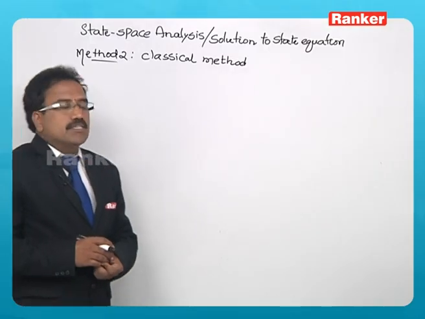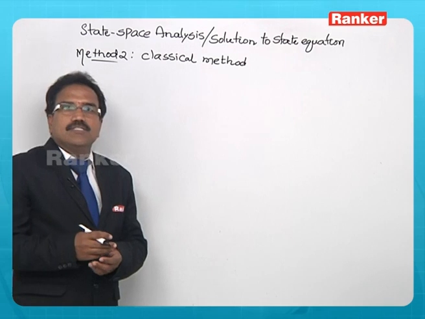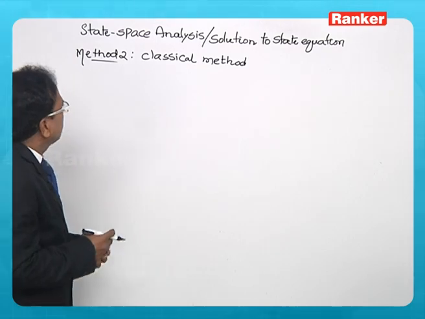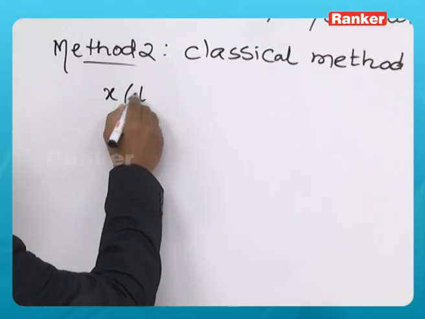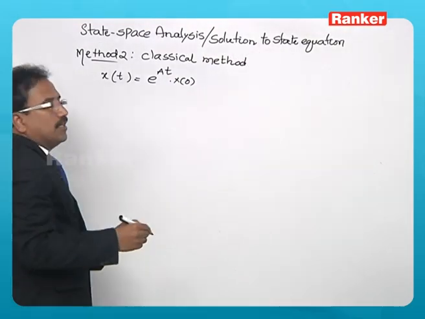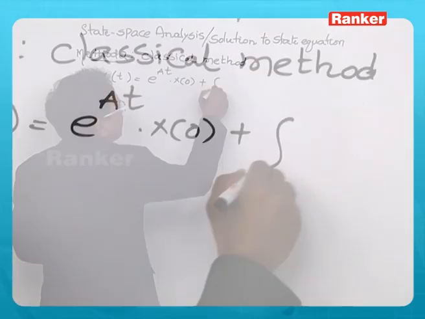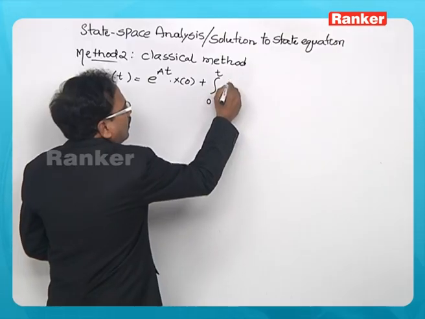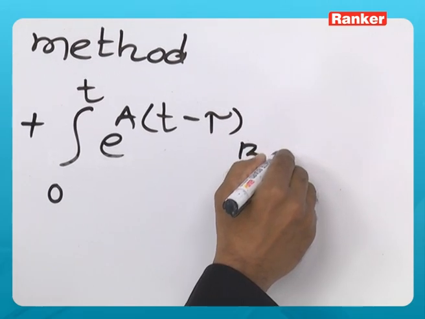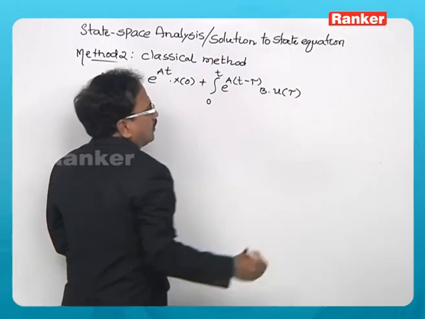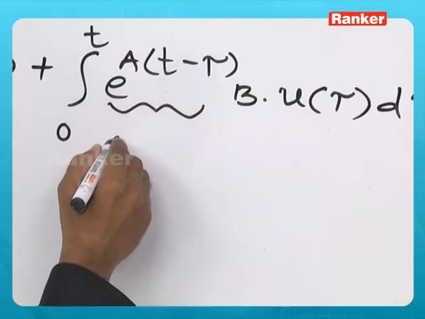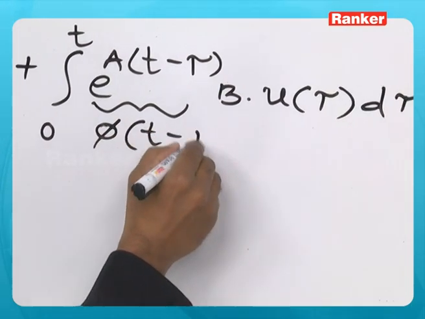So, when the state equation is given, the solution x of t is given by e to the power At into x of 0, this is the initial response, plus the integral from 0 to t of e to the power A(t minus tau) B u of tau d tau. This portion can be treated as phi of t minus tau.